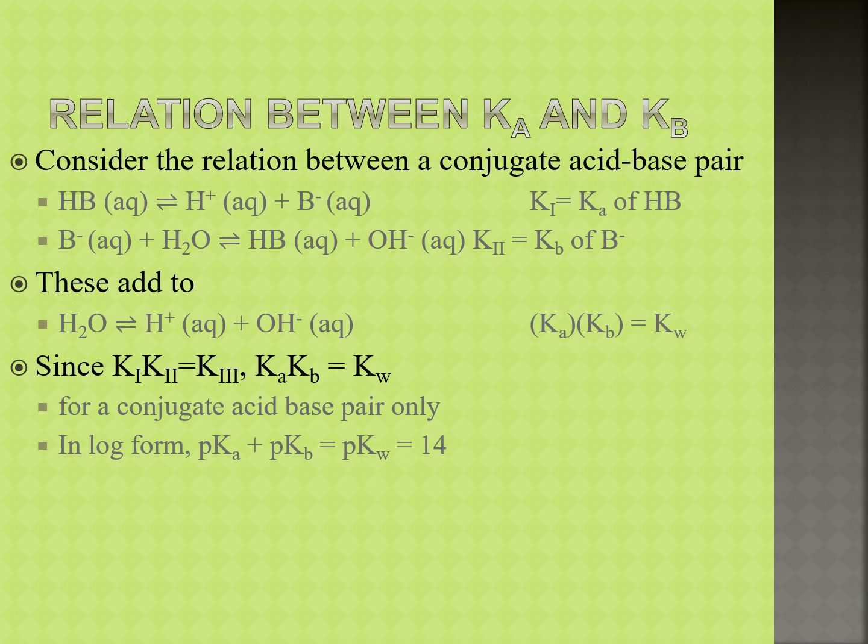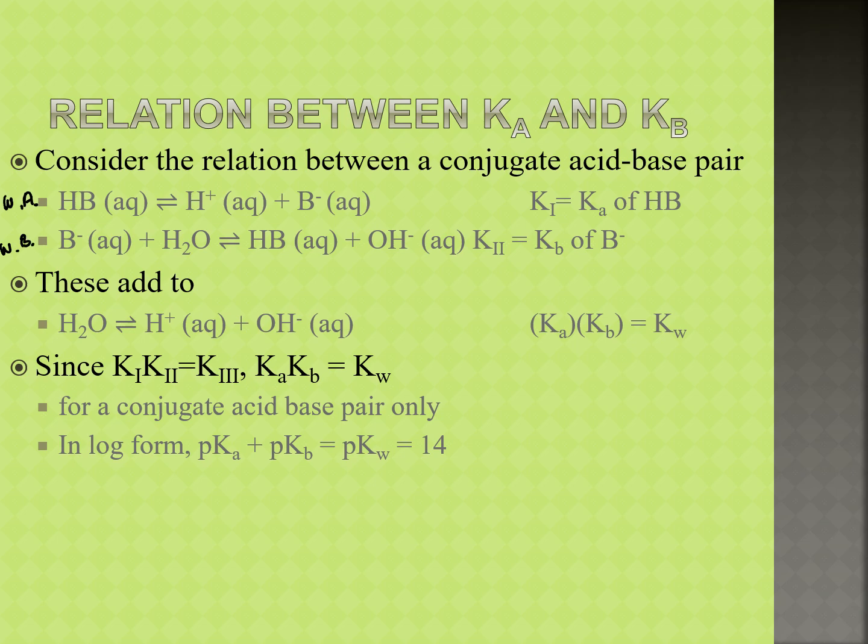There also happens to be a relationship between the Ka of something and the Kb of something if they're conjugates of each other. And remember, when we had conjugates there, my example was ammonia and the ammonium. They are conjugates of each other. And so what I could do is I could write out here a weak acid reaction, right? This is a weak acid reaction where I've got my HB in equilibria with H plus B minus. And I have a weak base version on the bottom one.